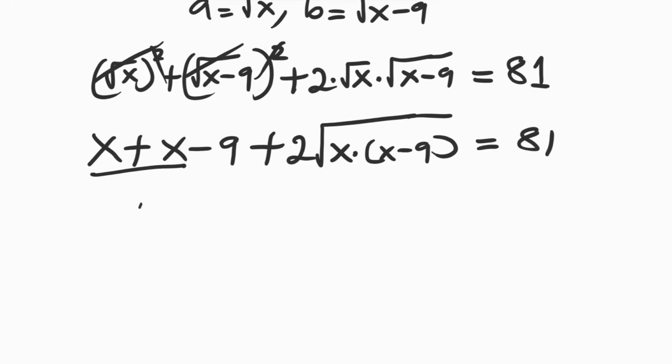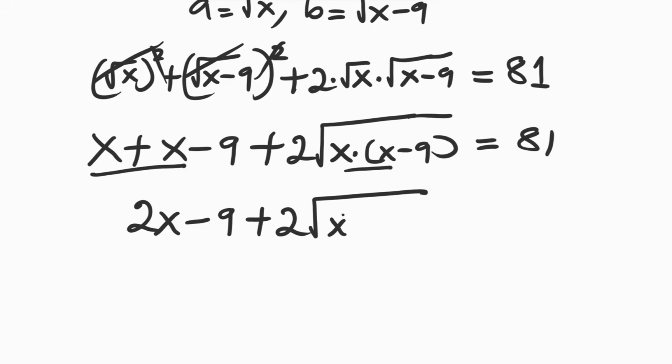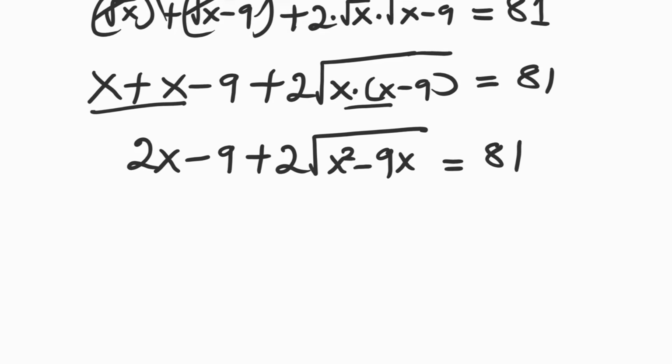So x plus x will give us 2x minus 9 plus 2 into the square root of x times x, which will give us x squared minus 9x equals 81.